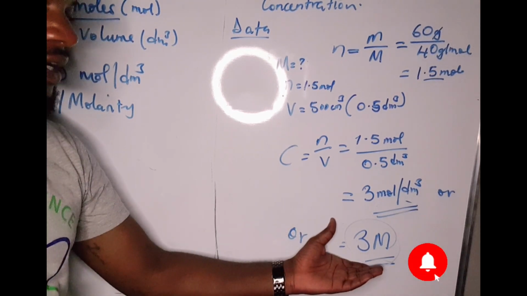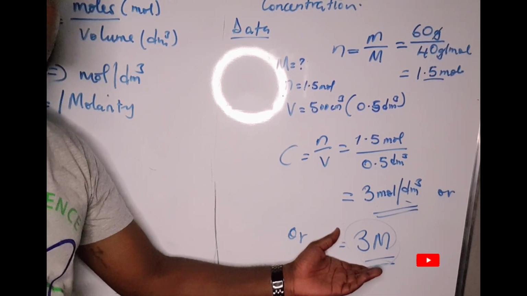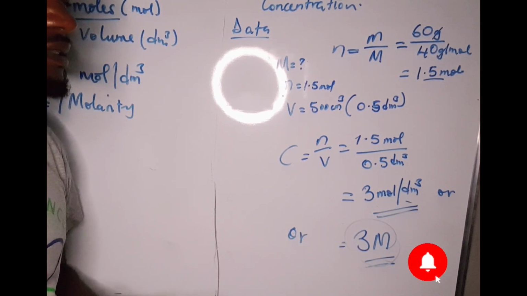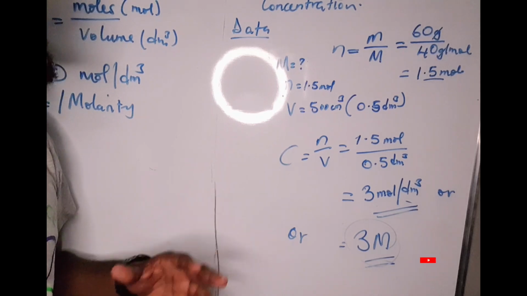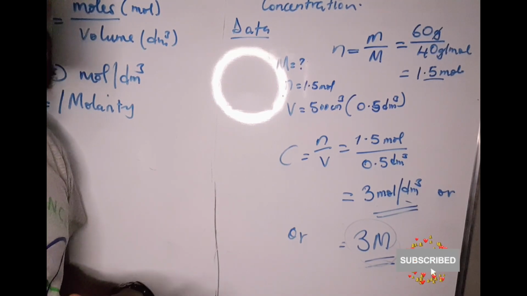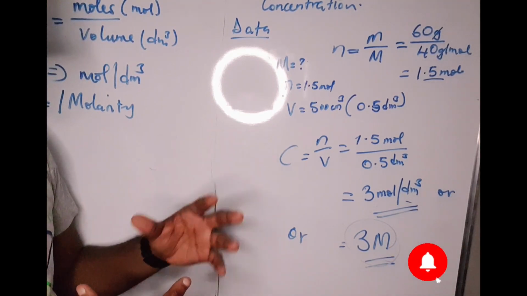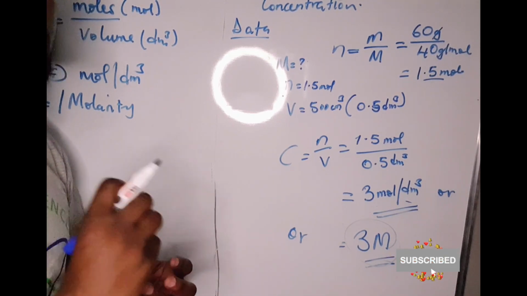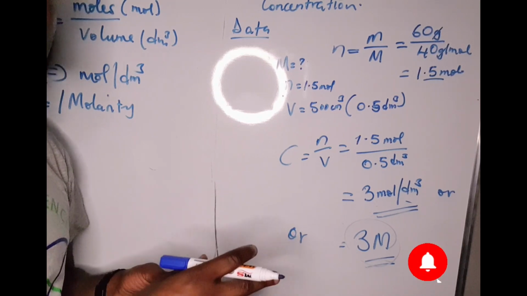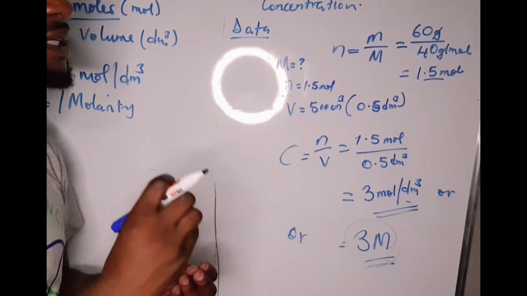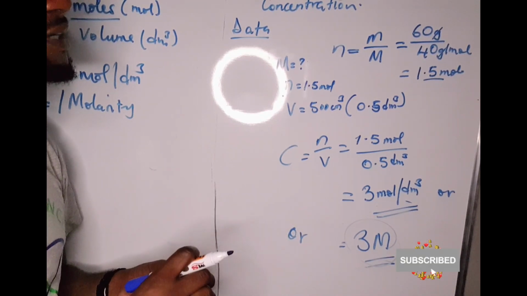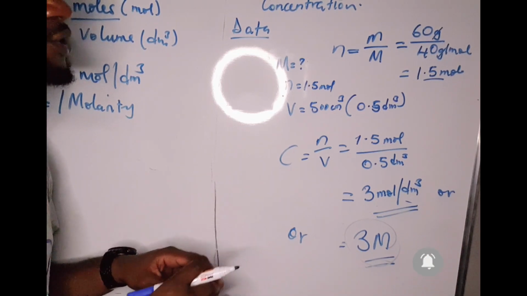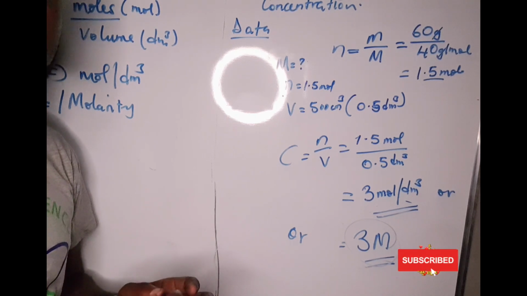So this is how you calculate concentration given the mass and the volume. First, you convert the mass given into number of moles, then from there you use the number of moles calculated to calculate the molar concentration.